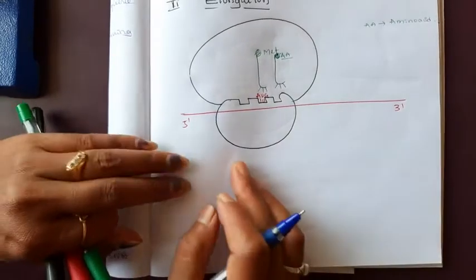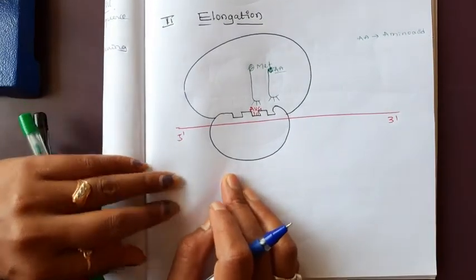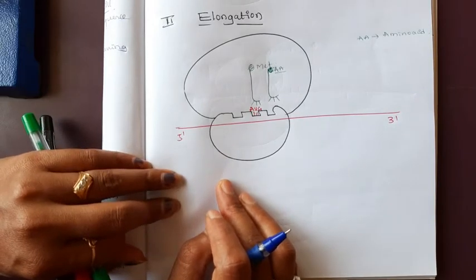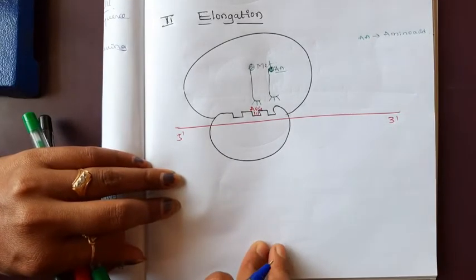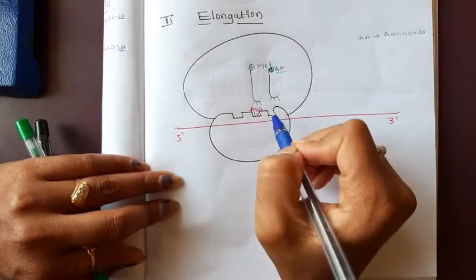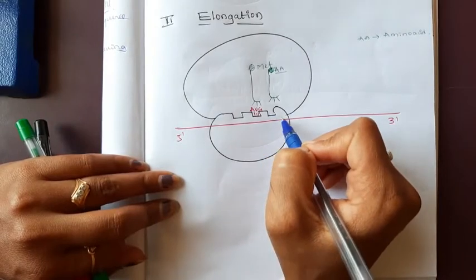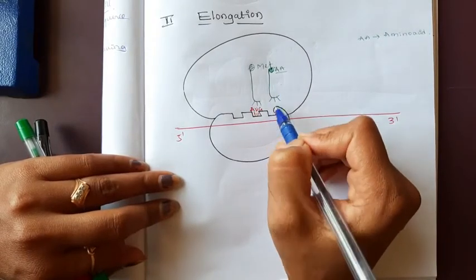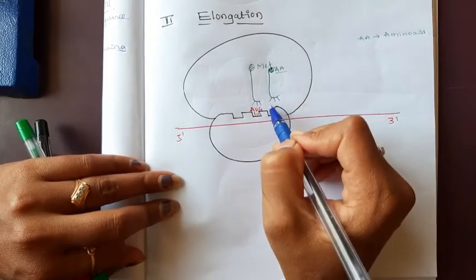After the initiation process, the next one is elongation. Elongation is a very slow process, because it is a tRNA error and trial method. The codon present in the mRNA must be complementary to the tRNA anticodon.